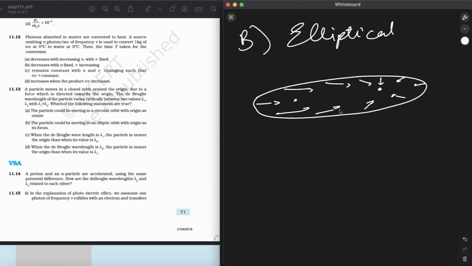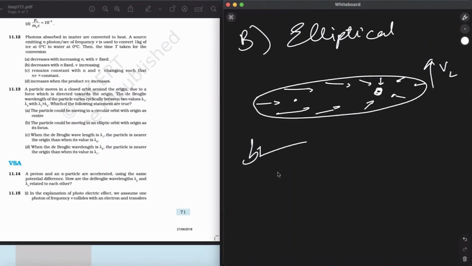Now option B. Since lambda 1 and lambda 2 are different, if I say that here it is V2 near the focus, then V2 shall be greater than V1, and due to that reason, lambda 1 can be greater than lambda 2. Alright, so option B is correct.